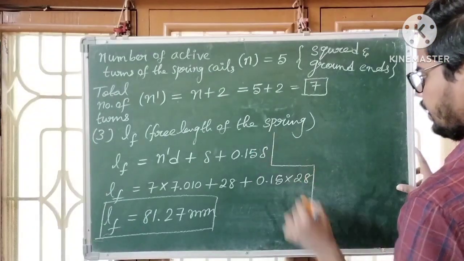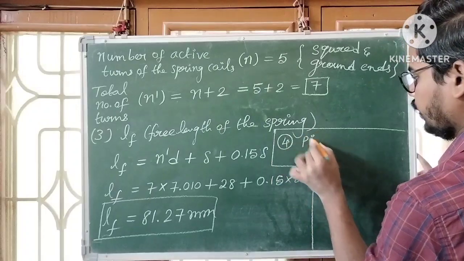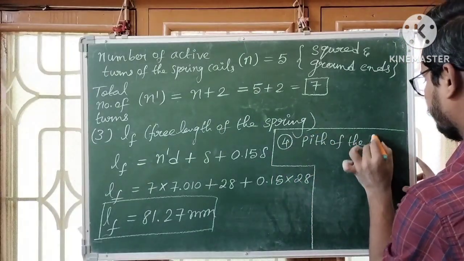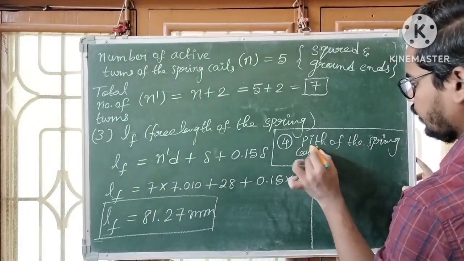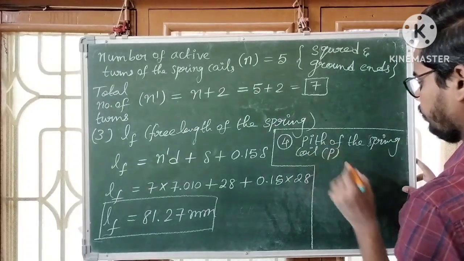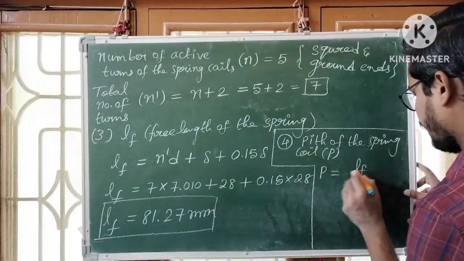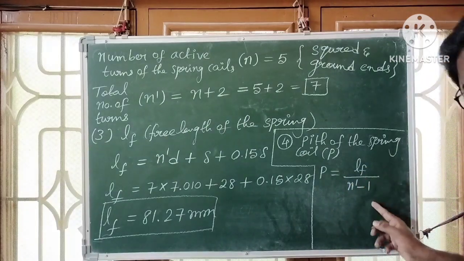Next, at last, we need to find the pitch of the spring coil, denoted by small p. The formula is p equal to free length by n dash minus 1.